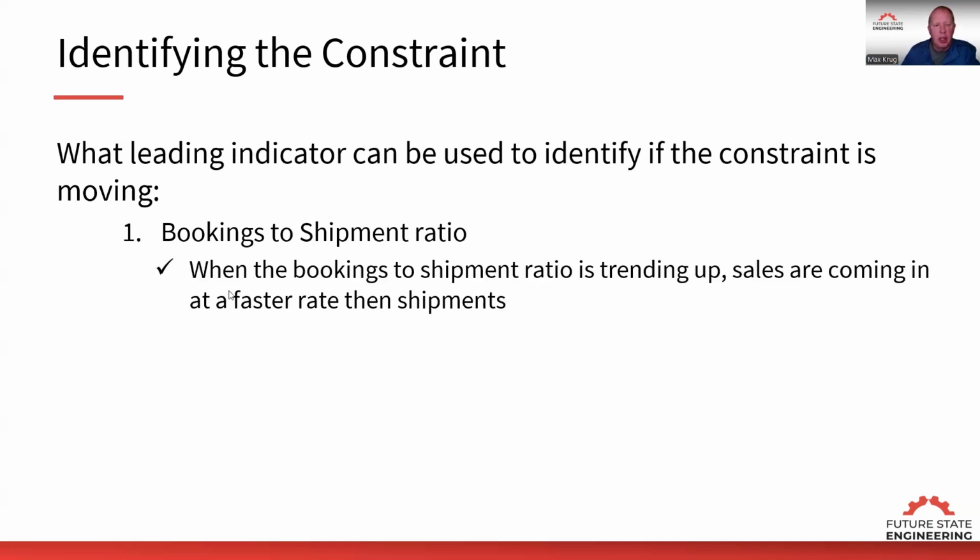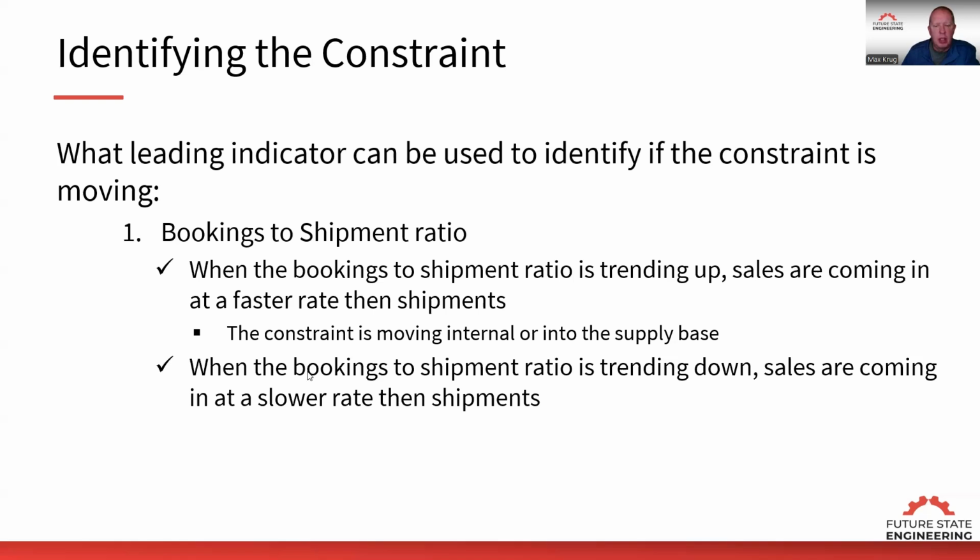And so if we look at that ratio, when the bookings to shipment ratio is trending up, meaning sales are coming in at a faster rate than we're shipping to the customer, delivering to the customer. So in that case, the constraint is probably moving internal or into the supply chain. When the bookings to shipment ratio is trending down, sales are coming in at a slower rate than shipments.